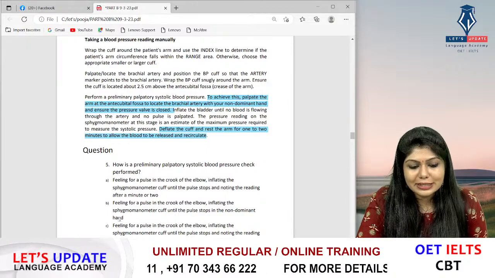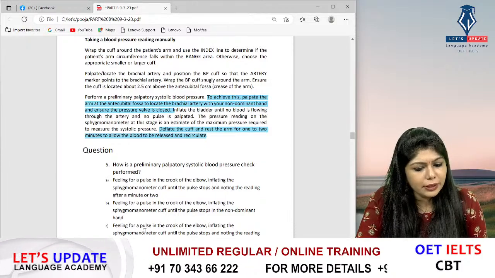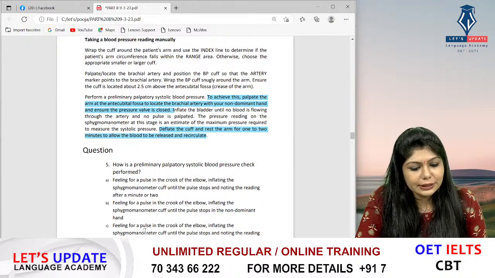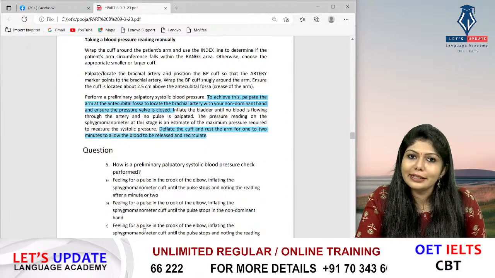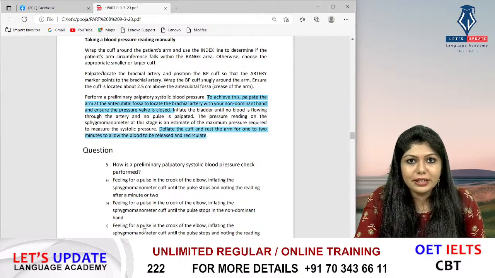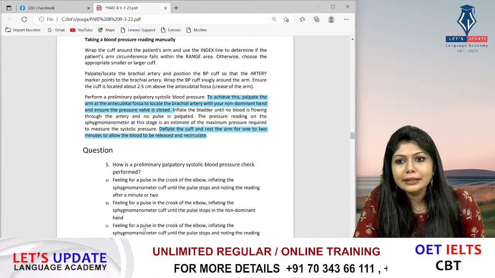So moving towards C, feeling for a pulse in the crook of the elbow, yes, that's there. Inflating the cuff, yes, that's there, until the pulse stops and noting the reading. That is mentioned. Definitely, you can get that kind of information.